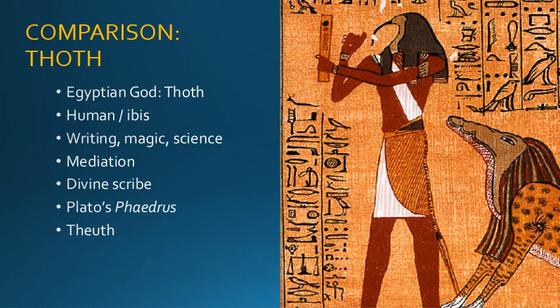He was worshipped at several shrines throughout ancient Egypt and was associated with writing, magic, science, mathematics, astronomy, all sorts of advanced forms of knowledge. He was also a mediating god between forces of good and evil, as well as a scribe.